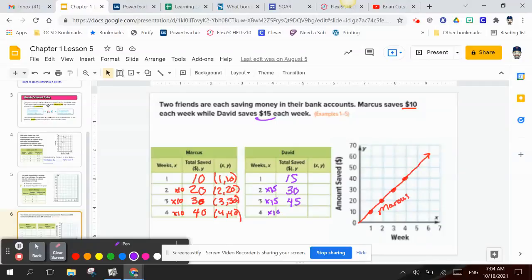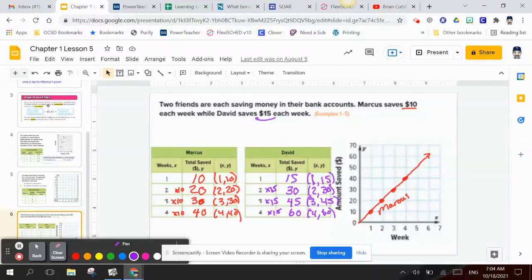And 4 times 15 would be 60. So we have to graph his ordered pairs as well. So I have 1 week is $15. 2 weeks is $30. 3 weeks, 45. And 4 weeks is 60.